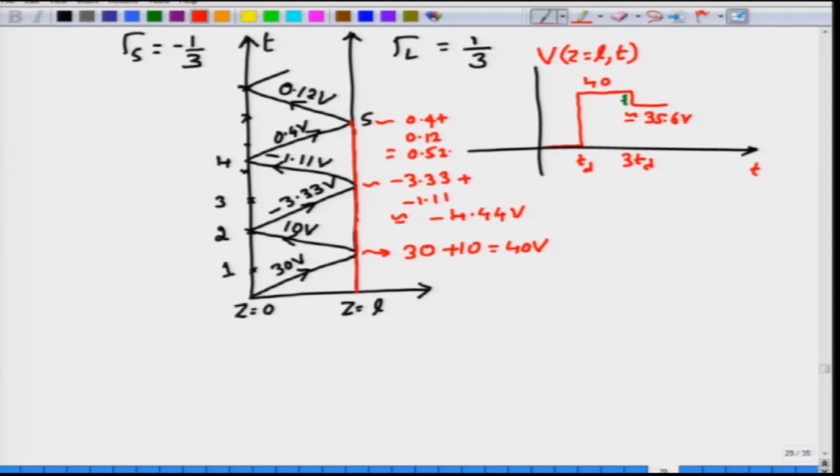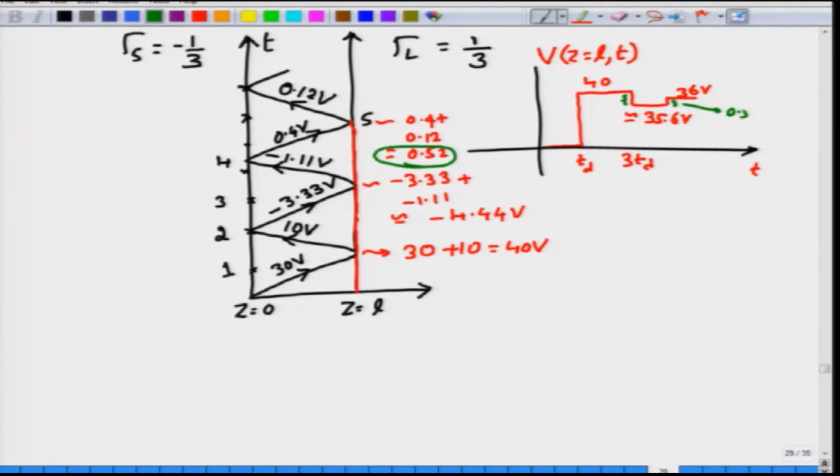This causes the voltage, which was roughly 35.6, to jump to about 36 volts. I am truncating some numbers here, so you can calculate the exact values and put them here, but what you are interested in is the jump, and this time the jump is only 0.52 volt.